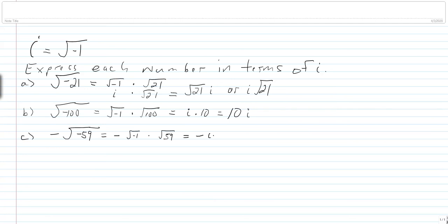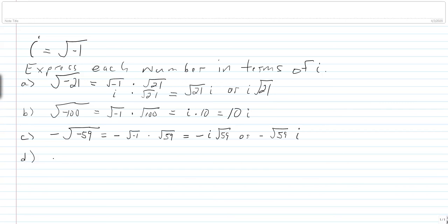We can make this negative i times the square root of 59. Or again, you could write the i afterwards and make it negative square root of 59 times i. All right, so either answer is acceptable.